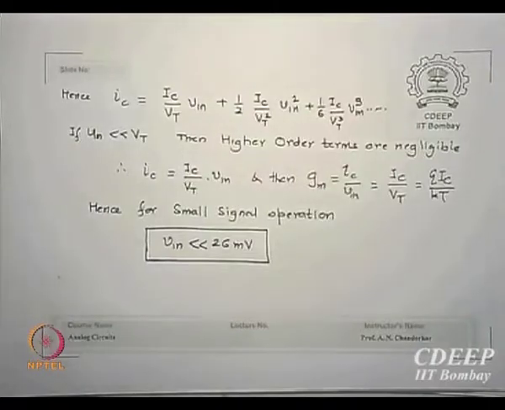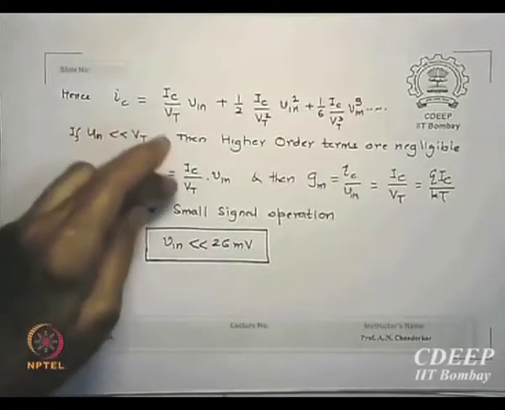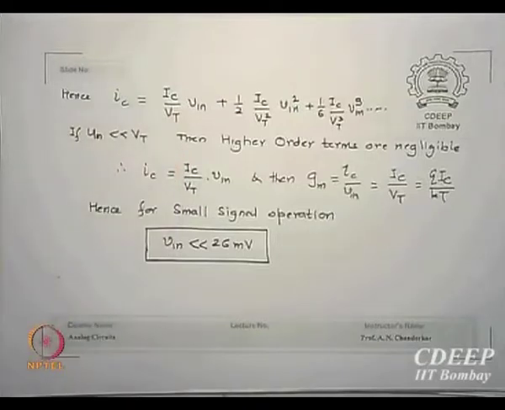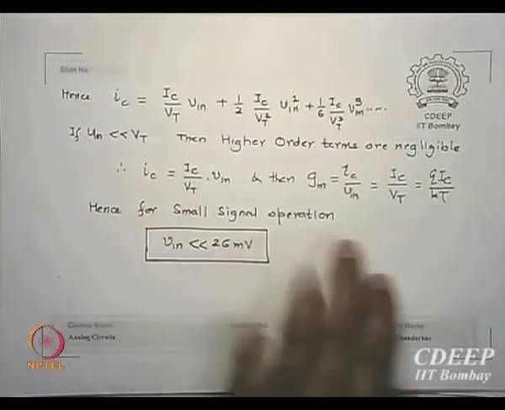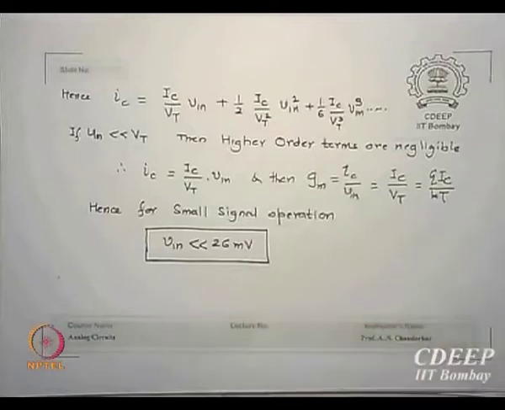If that happens, ic is equal to IC by Vt times Vin, then gm is ic by Vin, therefore it is qIC by kT. And if you want this gm equivalent circuit, which we did earlier, to stand, what is the condition on the input signal? It should be much smaller than 26 millivolts.